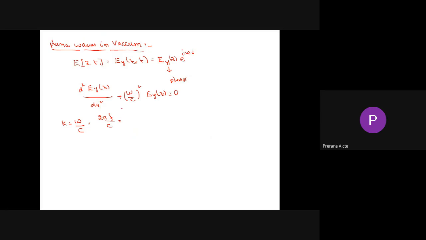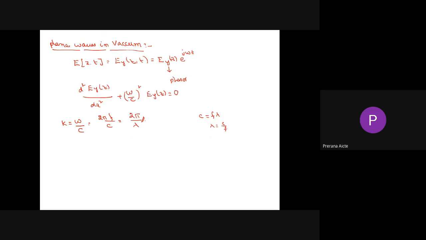Generally c is equal to f into lambda, so lambda is equal to c by f. So k is equal to 2 pi by lambda. This k value you can call the wave number, in one dimension.